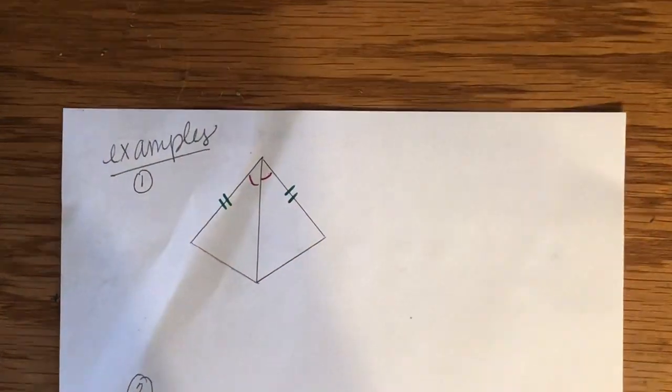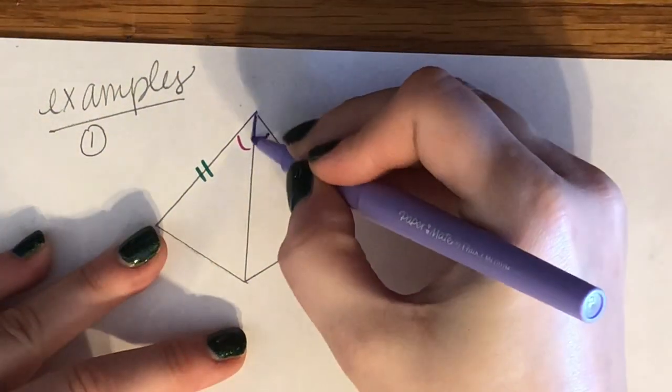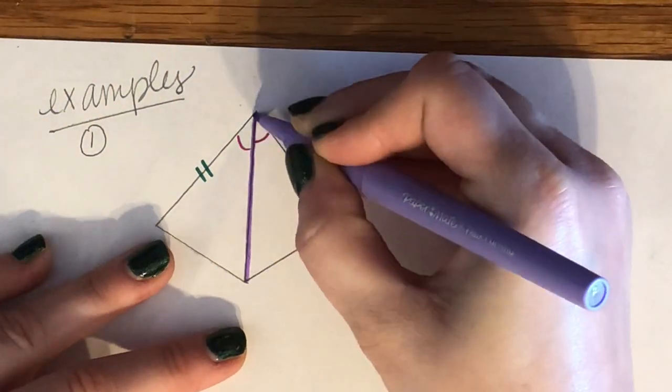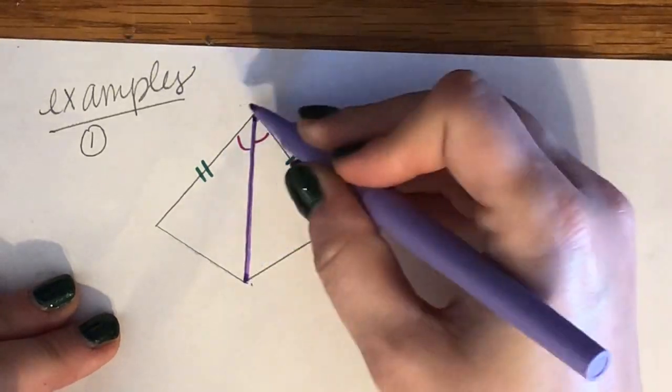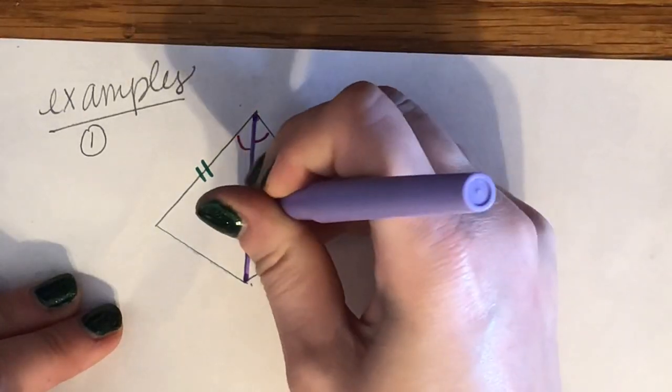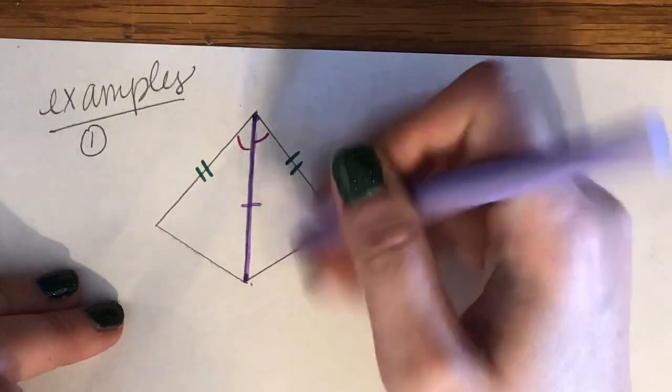All right, so we'll start off with this first example. Now this one's a little bit tricky because when you look at it, one of the sides isn't labeled, but I want to point this out. Notice they're attached. So they have to be the same length because they're attached from top to bottom. So if you want, you can even put a little tick mark there because that implies that these sides are connected.